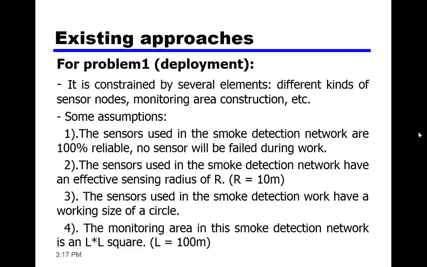Second, the sensors used in the network have an effective sensing radius of R, which also means that each has a detecting area of a circle. The fourth is that the monitoring area in my network is a square, and all the parameters and their values will be listed here and in my demo.